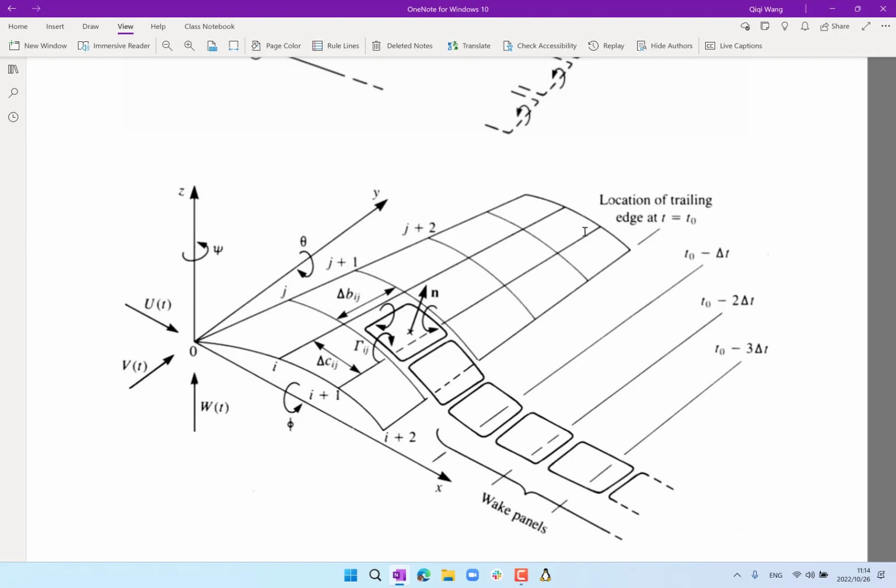So we are solving equations that track how this vortex ring is going to move, how it's going to deform. Maybe it's going to be stretched in a certain direction, squeezed in another direction. Maybe it's going to be rotated. We're going to be tracking how each vortex ring moves.